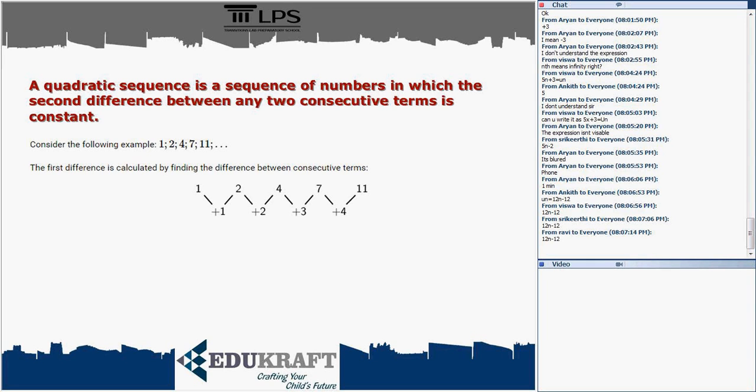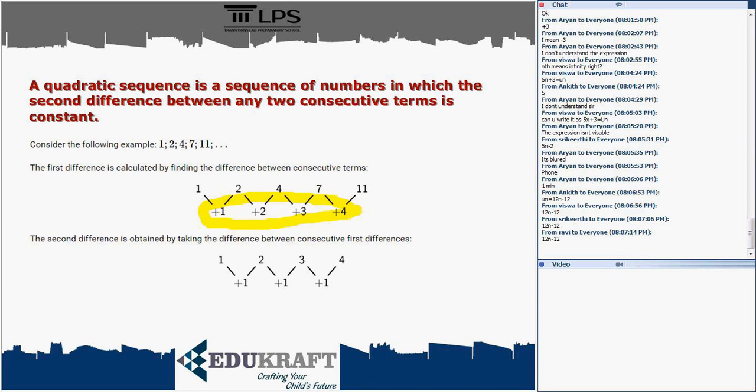If I take the difference of that difference, that means when I do 2 minus 1, 3 minus 2, 4 minus 3, now I get the common difference. Whenever you get the common difference in the second step, it is going to be called a quadratic sequence.